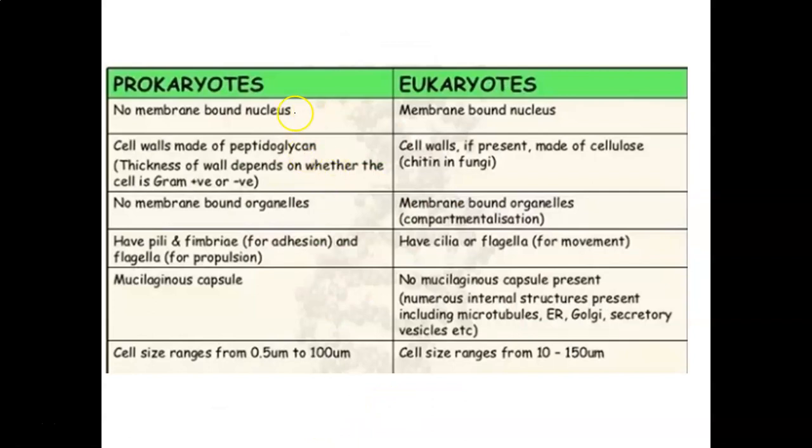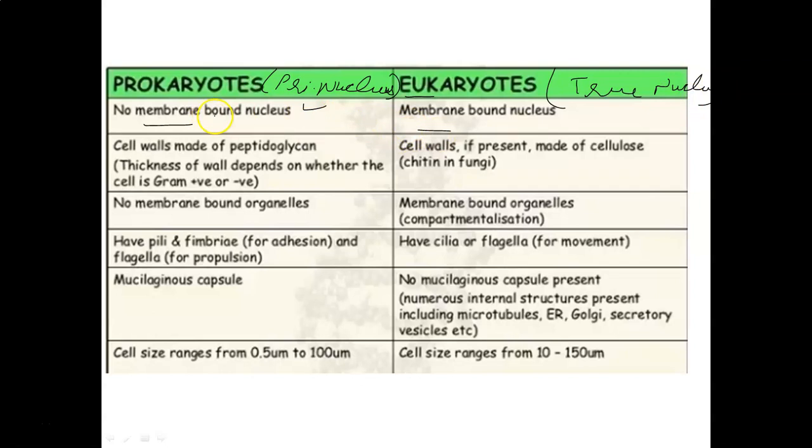Now we will revise prokaryotes and eukaryotes. That is, no membrane-bound nucleus. You can write here primitive nucleus. And U means true, so true nucleus.